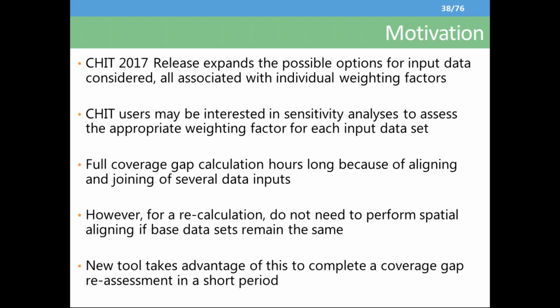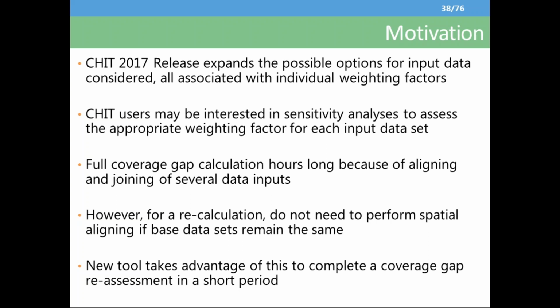Some users might be interested in sensitivity analyses, looking at the weighting factors. So let's say you don't disagree with any of the input data we've supplied with the CHIT tool, but you think that maybe those weighting factors are a little wonky. They need to be more appropriately specified, and you want to look into that. In the 2015 version, the only thing you could do was rerun that tool and take another 8 hours to recalculate everything, to realign everything, and then recalculate it, when all you really need to do is just the recalculation.